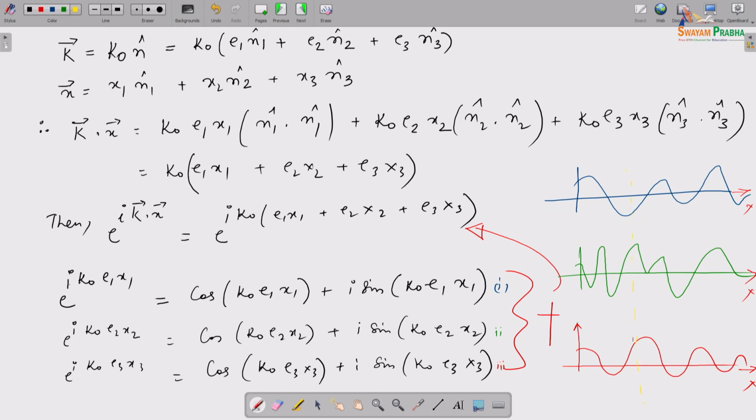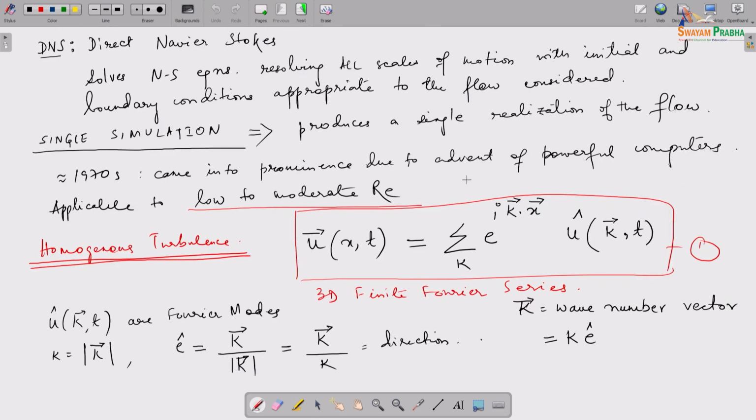This is a component, this is a component, this is a component, and you add them up. That is going to give you the amplitude of the function. These are the Fourier modes, right?